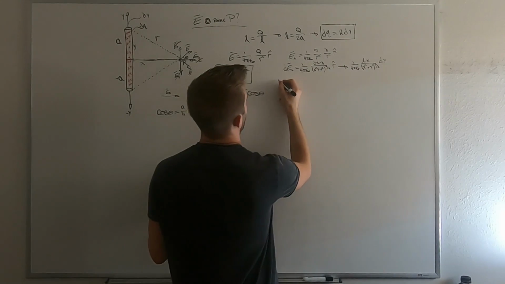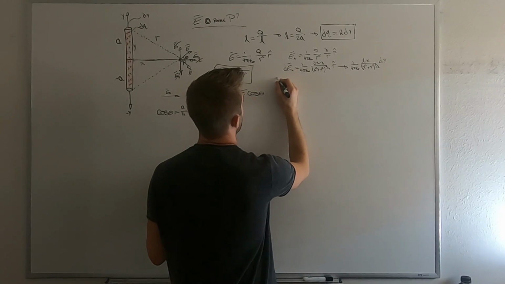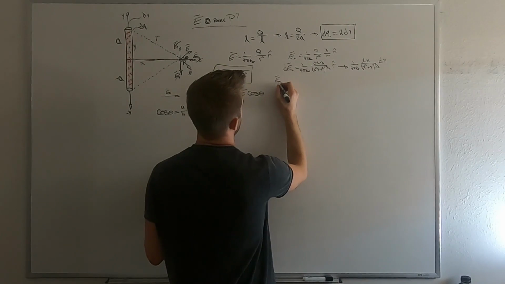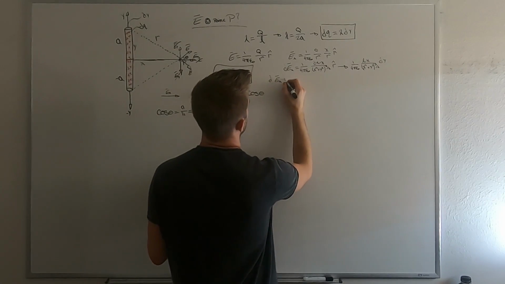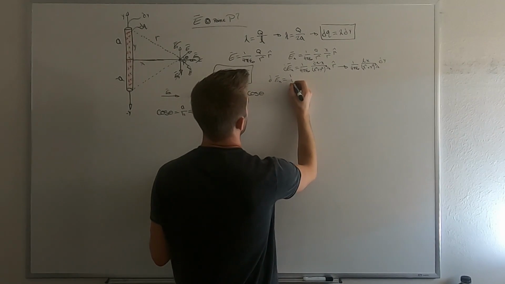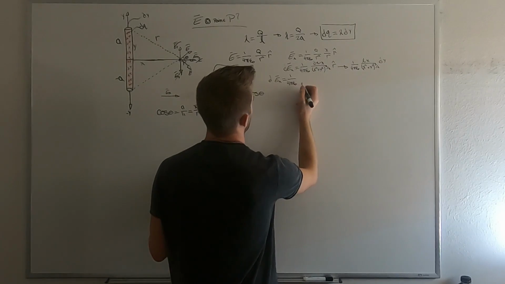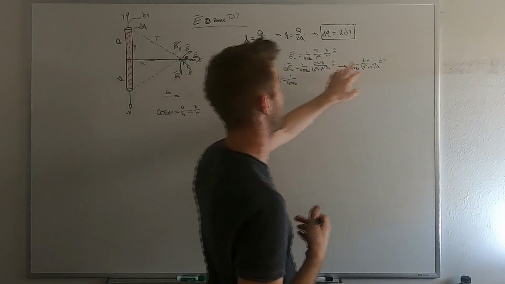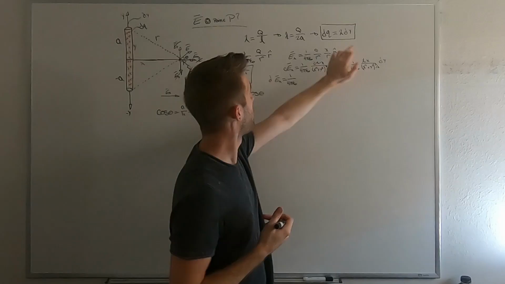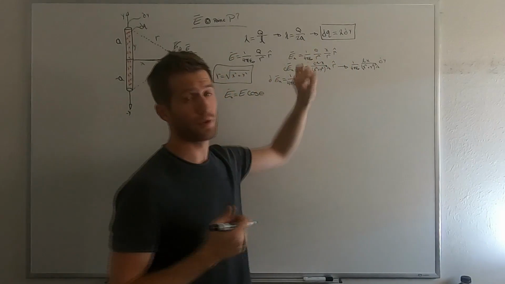So we're going to have dE sub x is equal to 1 over 4 pi epsilon naught. And then at this point, I suggest that we take our lambda and plug in q over 2a.